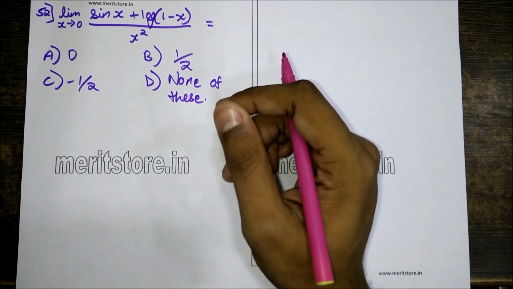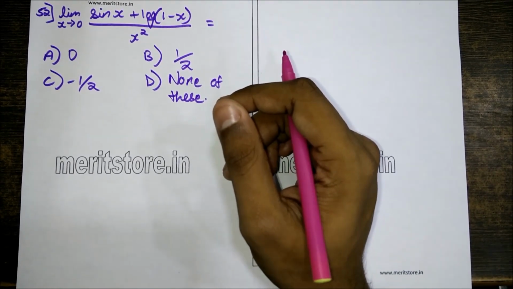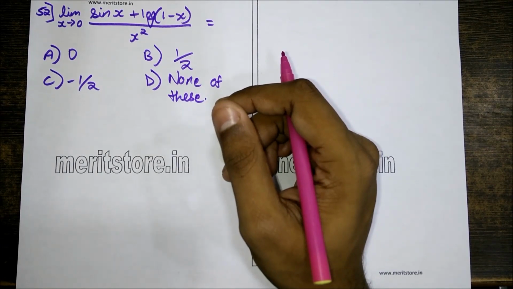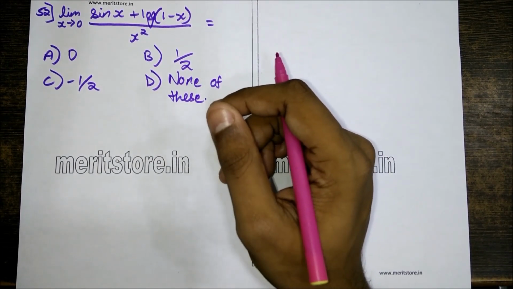The limit of x tends to 0, (sin x plus log of (1 minus x)) upon x square equals: a) 0, b) 1 by 2, c) minus 1 by 2, d) none of these.